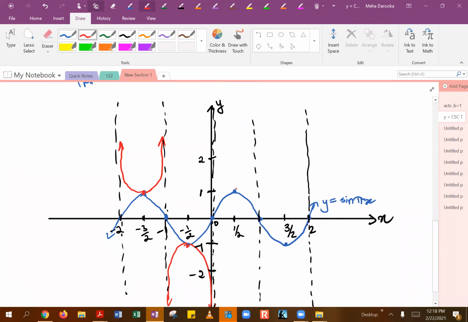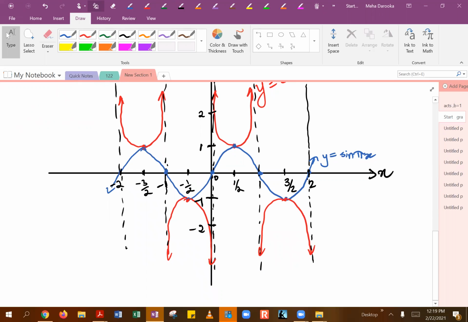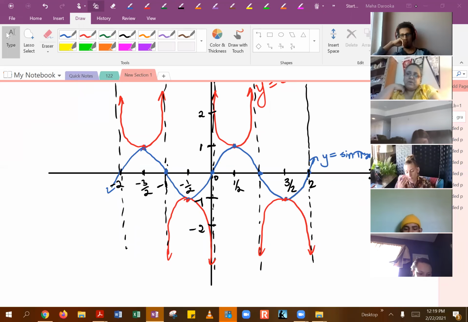And then our last one is going to be a hill. So this is our y equals cosecant of pi x. That's how you actually graph these reciprocal functions for your cosecant, and you will actually have the same exact process for the secant function, which will come from the cosine.